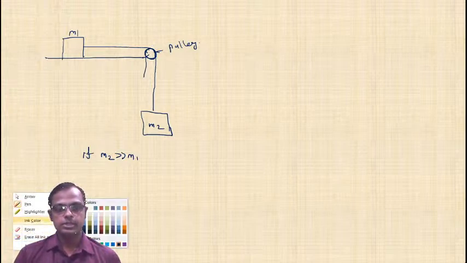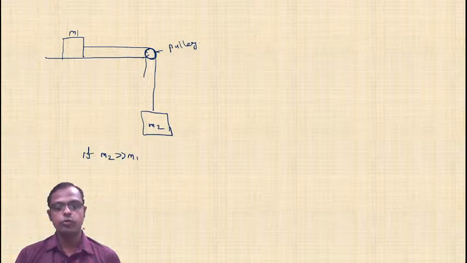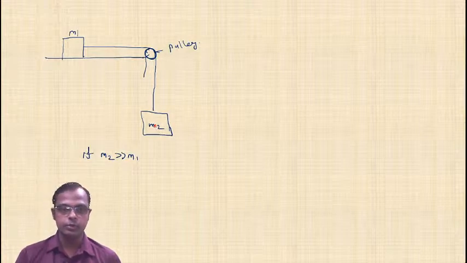Now let's think about which forces will be acting on M2. Look at this case. There will be a force acting vertically downward due to gravity, that is M2g.